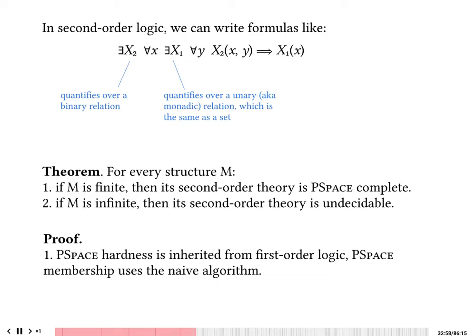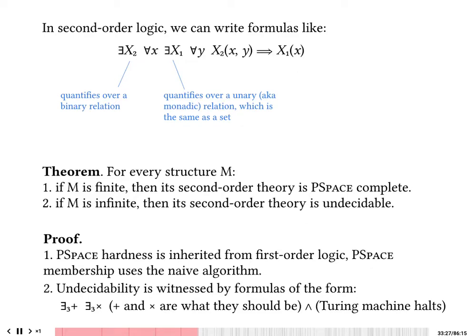And PSPACE membership still works using the naive algorithm, because how do you check if there exists a relation? Well, you can just loop through all possible relations, and to store a single relation you just need polynomial space. So doing a naive for loop across all relations of fixed arity is going to be a PSPACE algorithm.